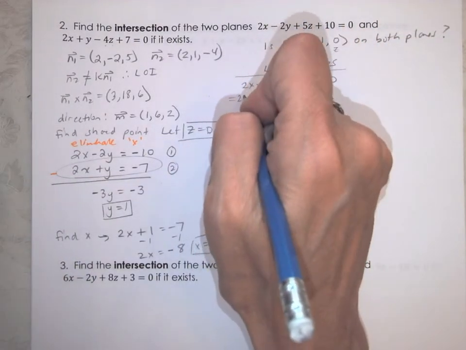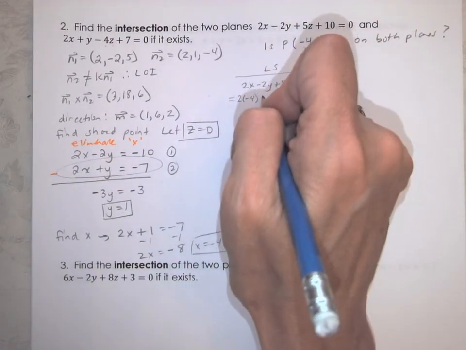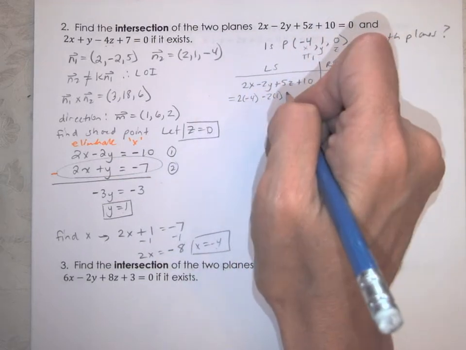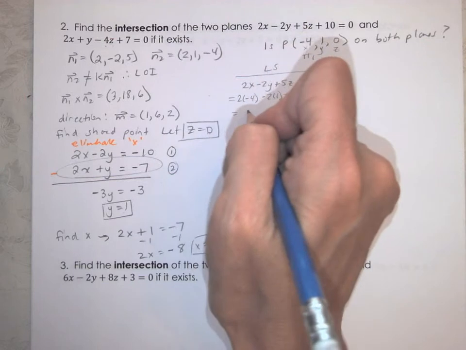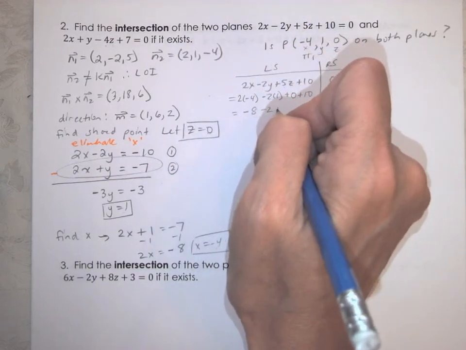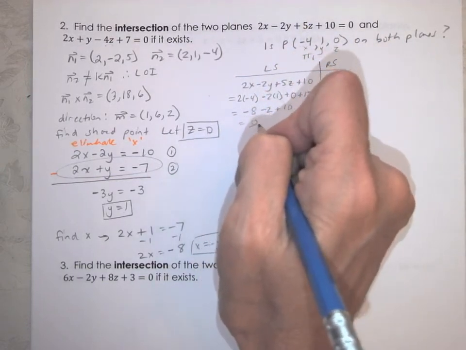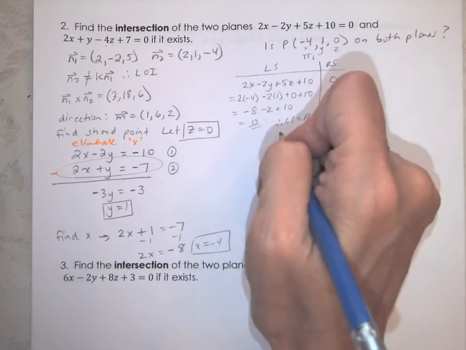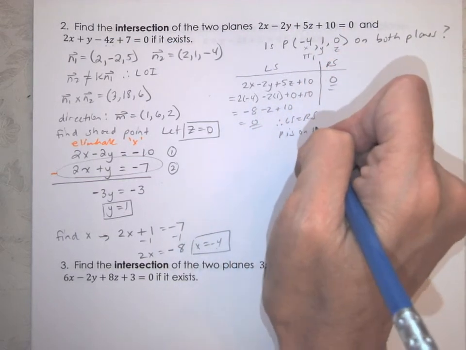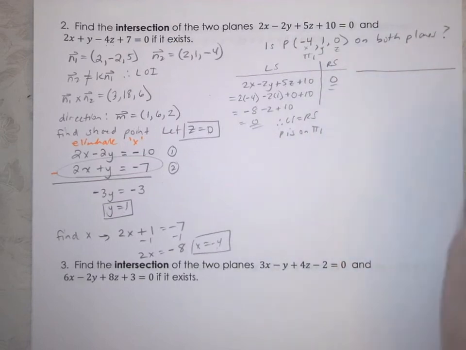That's going to give me 2 times -4 minus 2 times 1 plus 5 times 0 is 0 plus 10. So it does equal 0. Since left side equals right side, P is on pi 1. Same thing for pi 2.